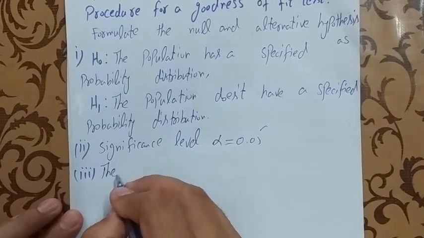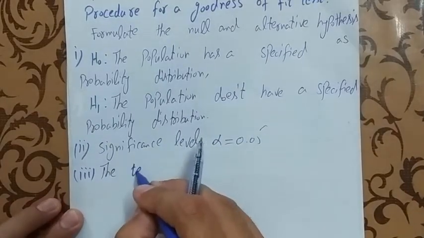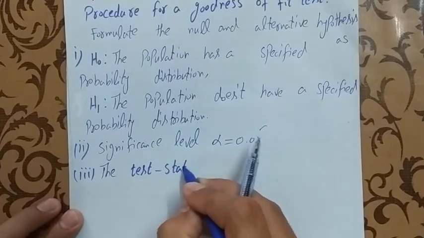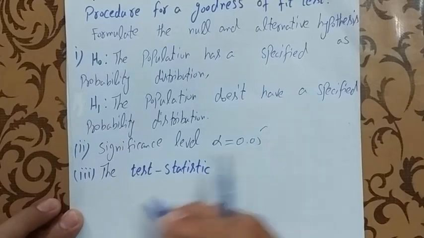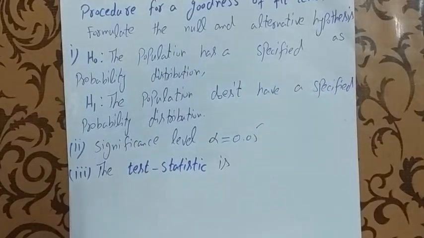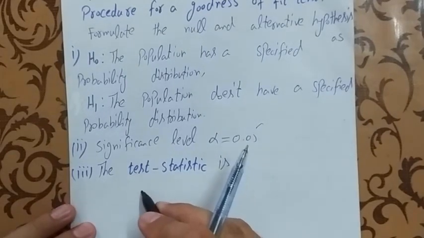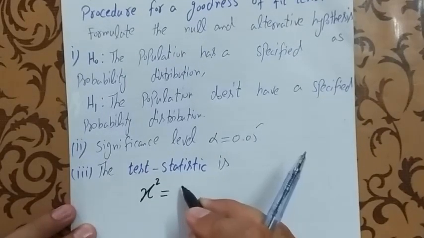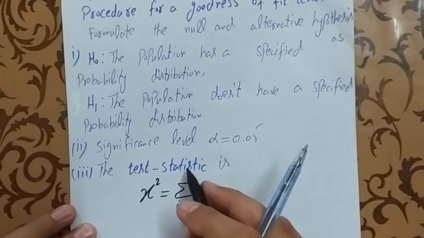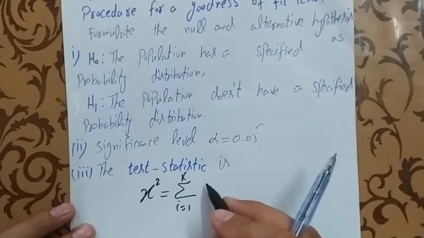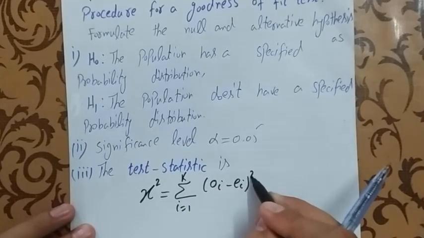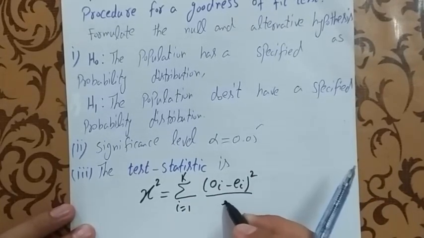The test statistic is chi-square, which is equal to the summation from i equals 1 to k of (Oi minus Ei) whole square over Ei.